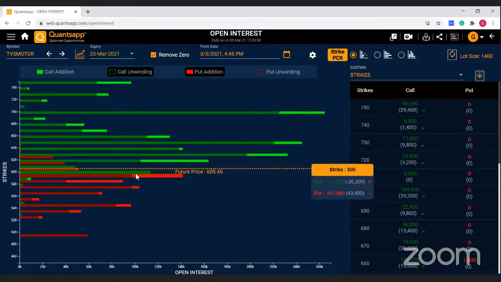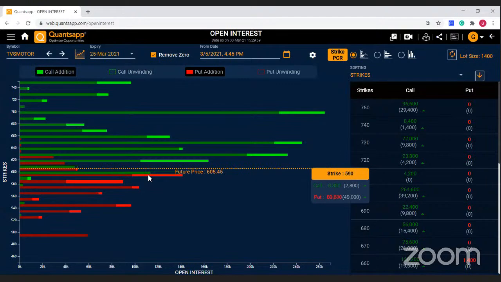Now if I go down here, I can say at the level of 600, which is a crucial level for TVS Motor, put writers have increased their position, meaning they are giving a lot of support from the lower side.